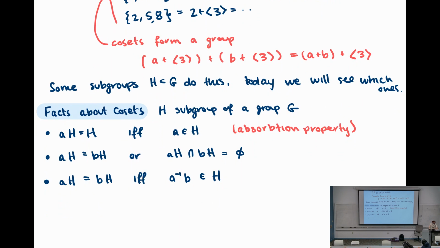So if AH is equal to BH, then we have the following. So that would mean that AH times A inverse, oh no, wait.